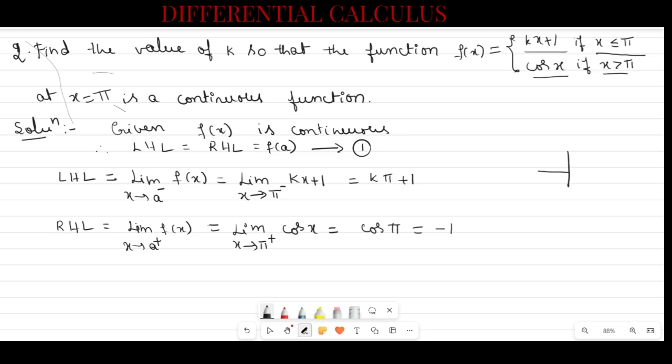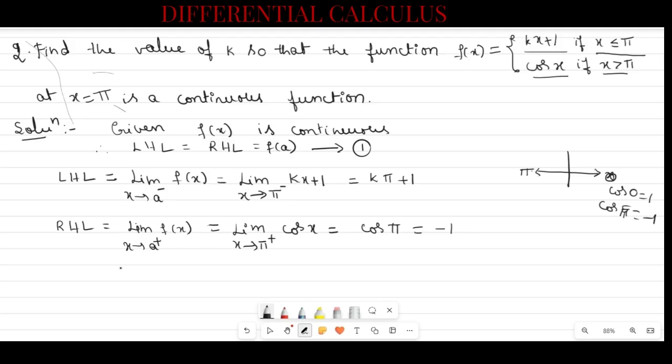Here the angle 0 is on the x-axis, and pi is 180 degrees. Whatever values you have on the right side of the x-axis, the opposite sign applies on the left side. Cos 0 is 1, but similarly cos pi becomes minus 1. It is very easy to remember: take the cos 0 value and apply the opposite sign, so cos pi is equal to minus 1.